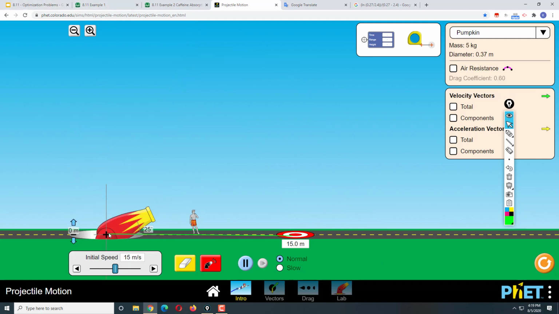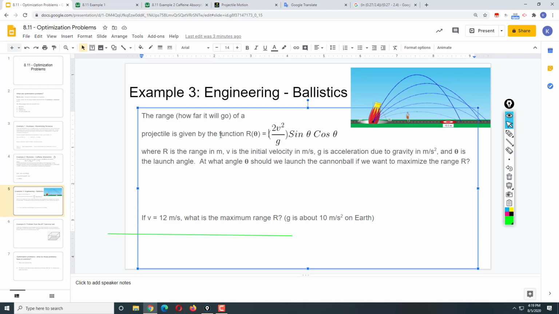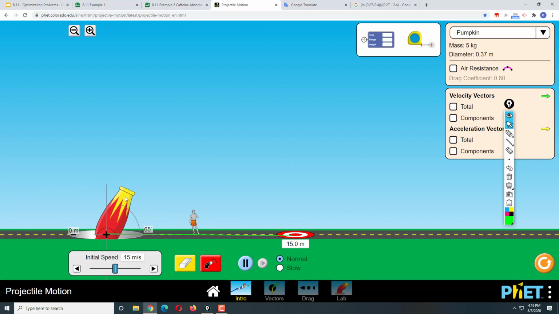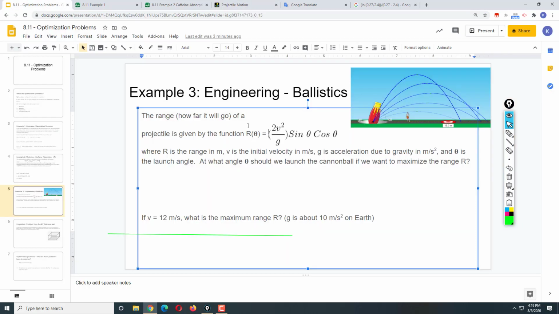So let's go back to the beginning. g is the acceleration due to gravity on Earth. Theta is the launch angle, what angle we launch it at. So 25 degrees, 45 degrees, and so forth. The higher it is, the bigger the launch angle. At what launch angle theta should we launch the cannonball if we want to maximize the range R? We want our cannonball to go as far as possible.